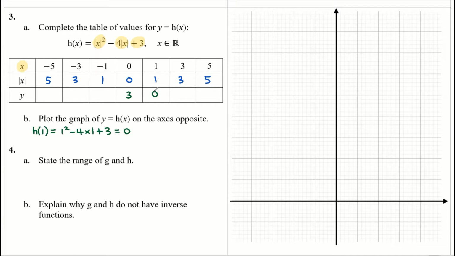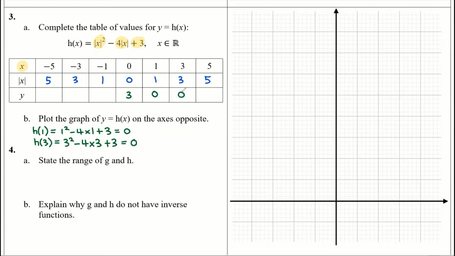Okay, so without doing any more work, we know that if we plug 3 in, we'll just confirm it. So h of 3 is equal to 3 squared subtract 4 multiplied by 3 plus 3. So that's essentially 9 subtract 12, which is of course -3 plus 3, which is 0. Yeah, so all confirmed. So we've got 0 and 0.